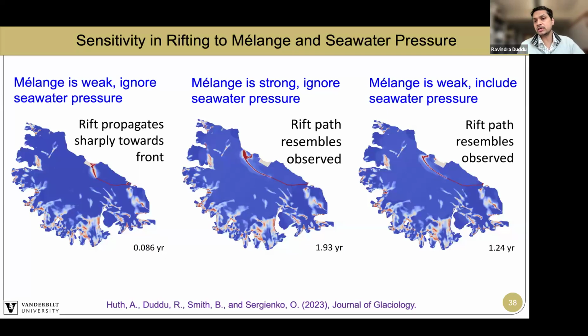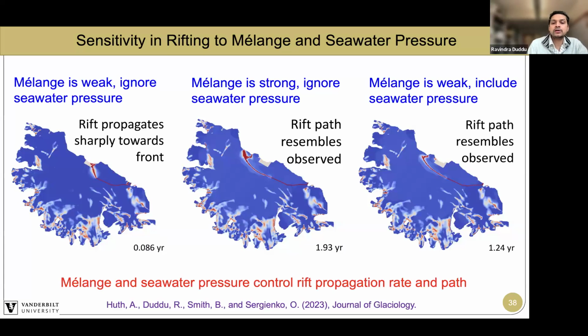We mostly think that the seawater pressure is a major factor in changing the stress state near the rifts. But there is some effect of melange at the crack tip, or in the healed regions behind the crack tip, that also causes these changes. So melange and water pressure seem to have an effect.